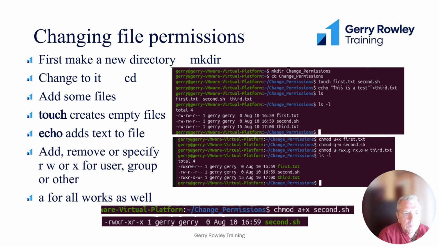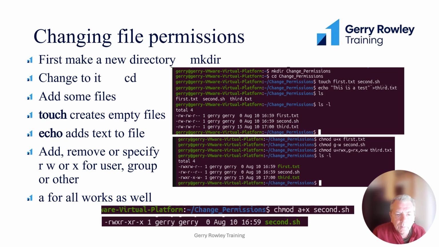So you can see there that I've got read and write for the owner and the group, and read for the others. Now, what I'm going to do on the bottom half of the screen is use chmod, and that command, if I've got permission to do it, u+x will add the execute permission to the user on first.txt.